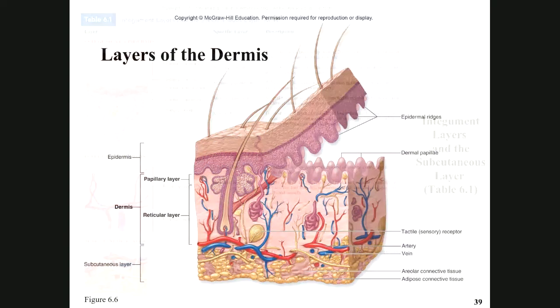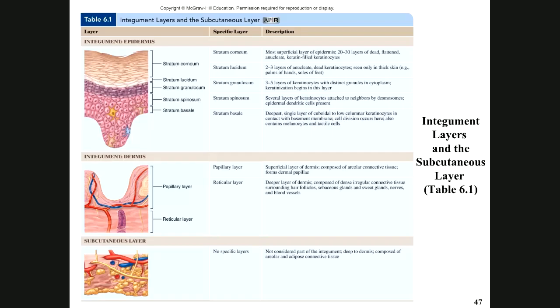And here in this diagram, you can see the different layers of the skin. Here you have the epidermis with stratum basale, spinosum, granulosum, lucidum, and corneum. And you can see the description of each layer. After that, we have the dermis.